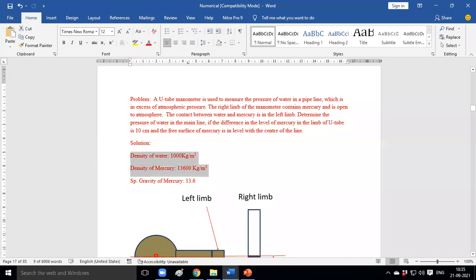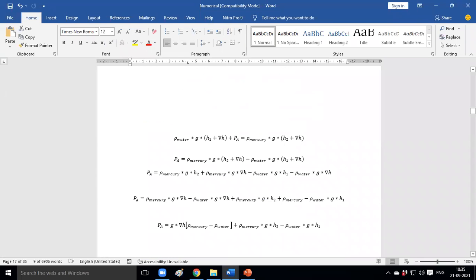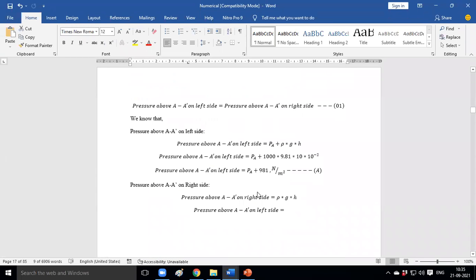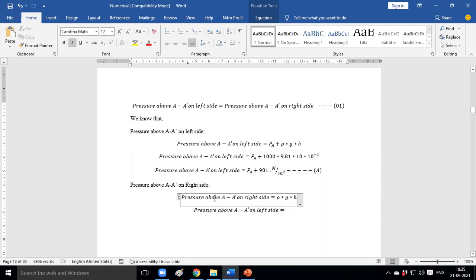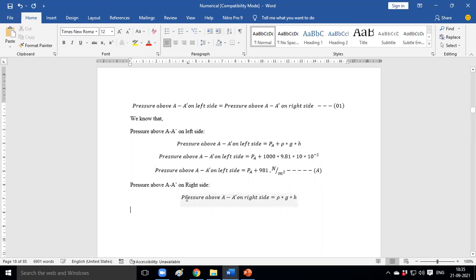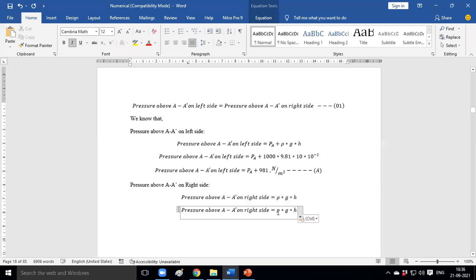Yes, sir. So again, go back to our steps. Tell me the corresponding values. Pressure above AA on the right side: rho is replaced by which value?